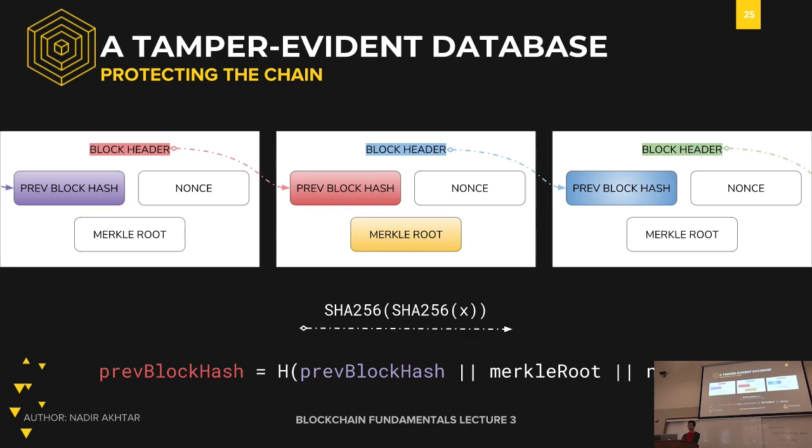If we were to modify one Merkle root in one block, it invalidates all the subsequent blocks in the future, because you tampered with something at this point in time. Everything after that is also invalid because this is an invalid block. So the idea of having the previous block hash, one, it creates this idea of an ordering, but it also lets you identify whether or not some block in the chain is valid or not.